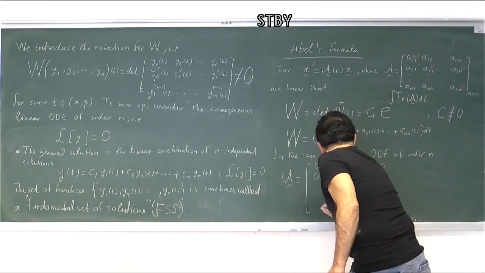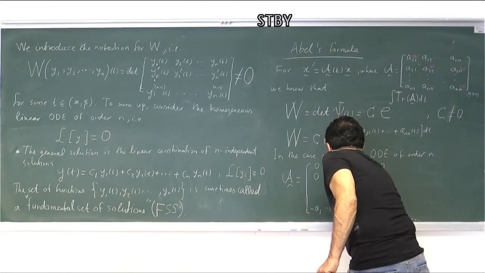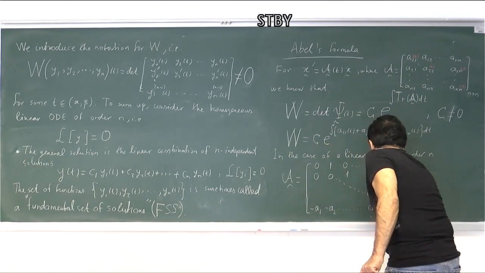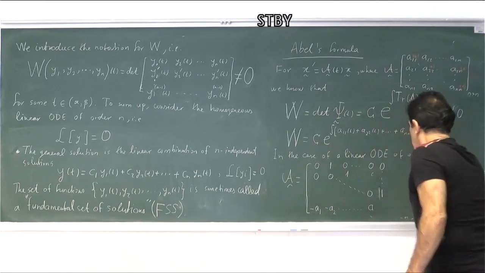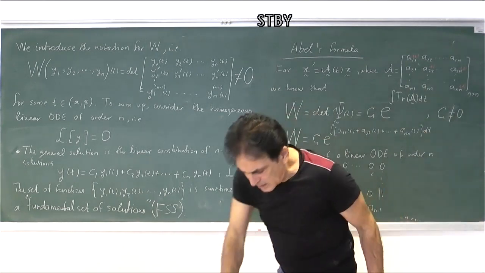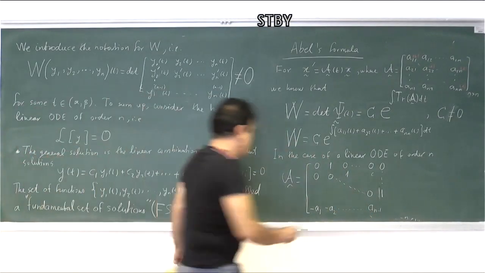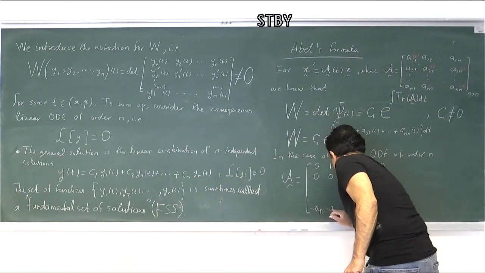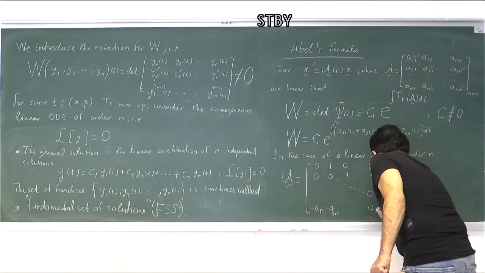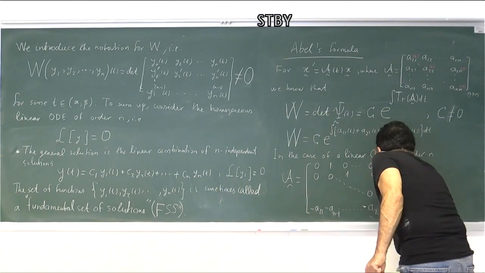And the last row: minus An, minus An minus 1, down to minus A2, and finally minus A1, all with negative sign.